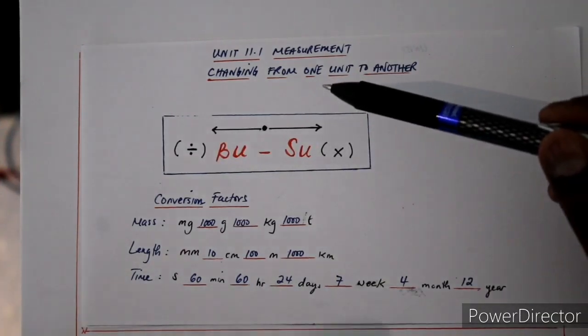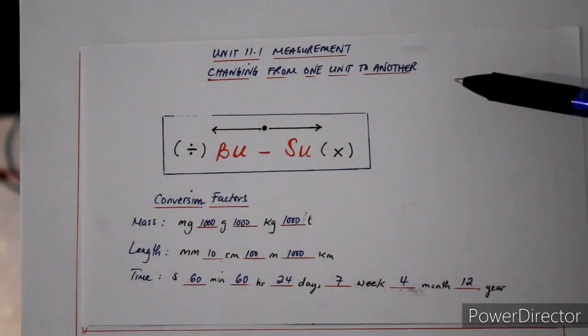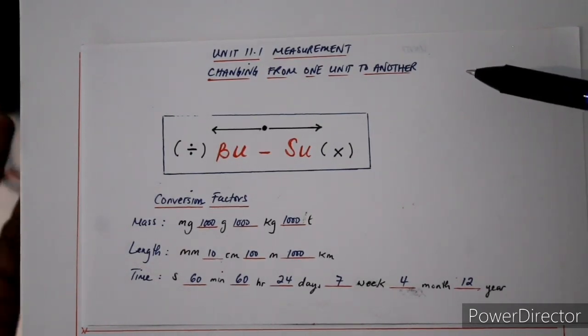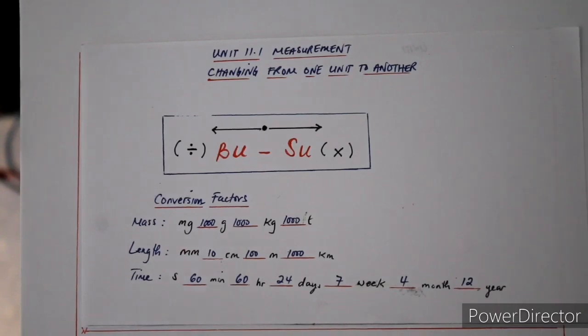So the very core thing that you should understand about conversion of units is the conversion factors. Now we have discussed three fundamental quantities earlier on in the first video: length, mass, and time. For mass we have milligrams, grams, kilograms, and tons, and many other units that describe mass.